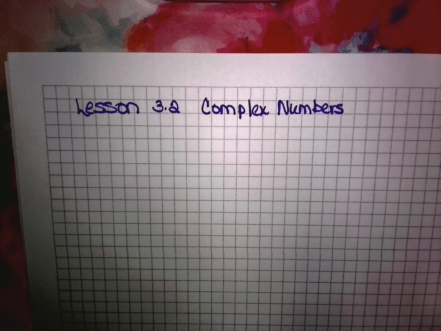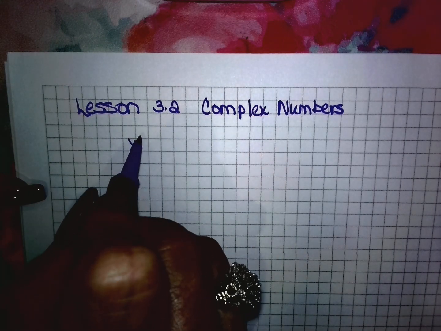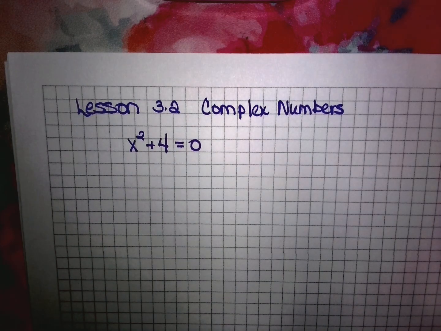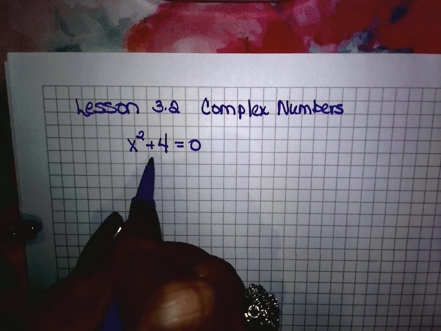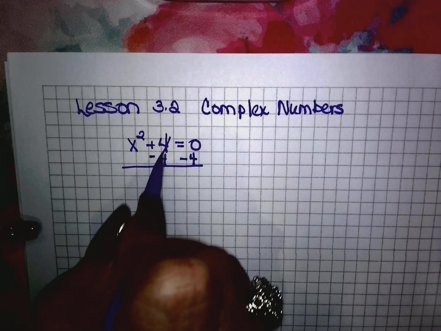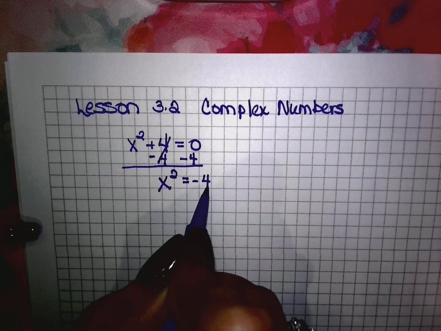in the last lesson and previously, if you came across a problem, let's say x squared plus 4 equals 0, and you were asked to solve this for x, what you would do would be subtract 4 from both sides, and you would get x squared equals negative 4.